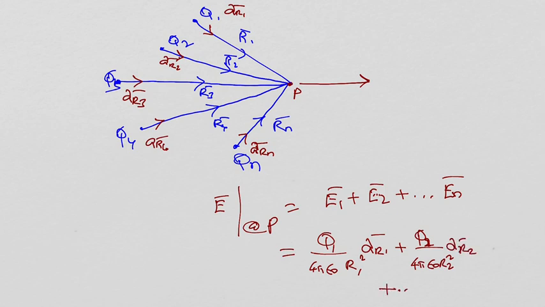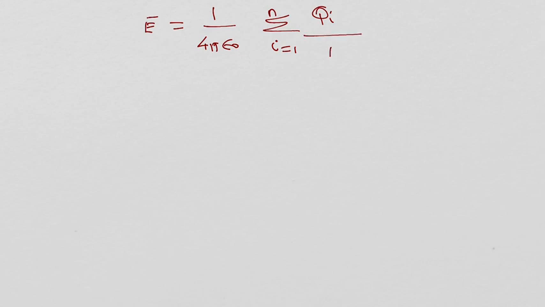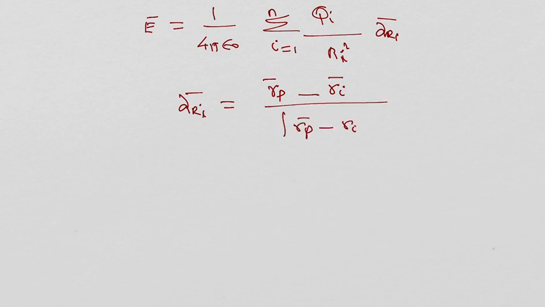Like this, the last component will be Qn divided by 4 pi epsilon naught Rn squared ARN. So the total electric field intensity E is given by 1 by 4 pi epsilon naught multiplied by the summation, where i varies from 1 to n, of Qi divided by Ri squared ARi. Here ARi is the unit vector indicating the direction of the Ri vector, that is, from the position vector of point P to Ri, and you have to divide by the magnitude of Rp bar minus Ri bar.